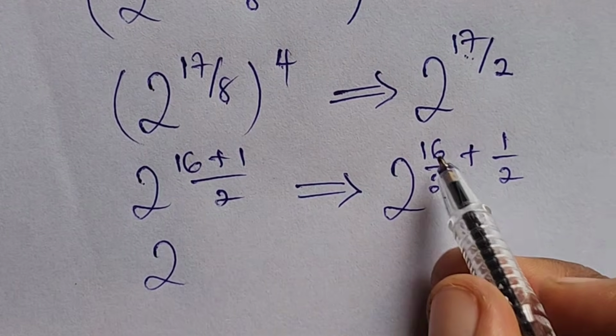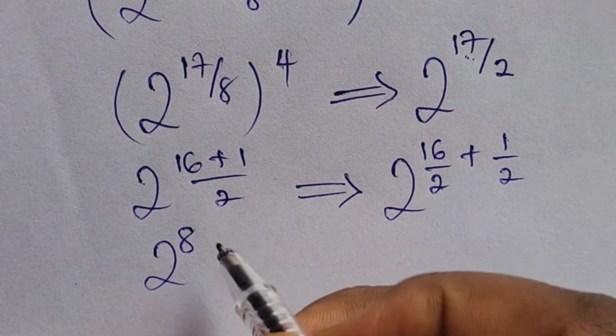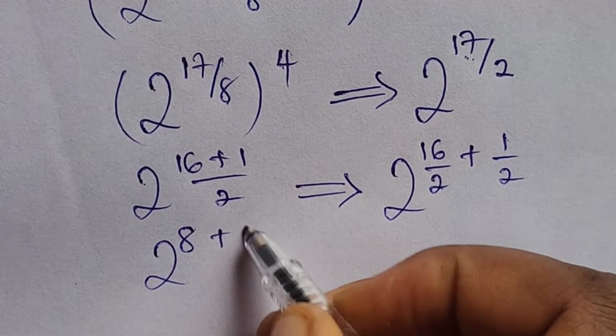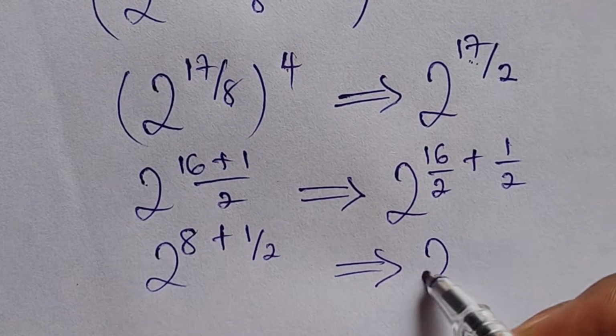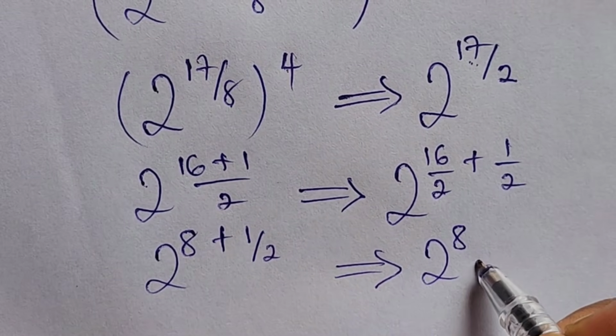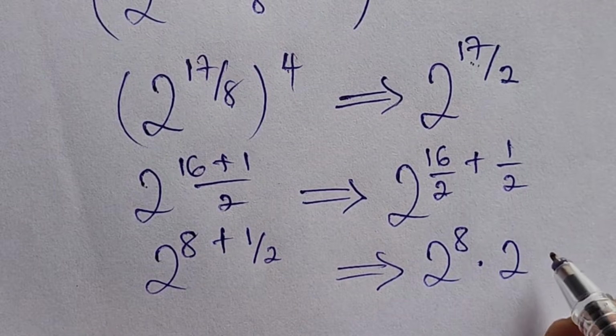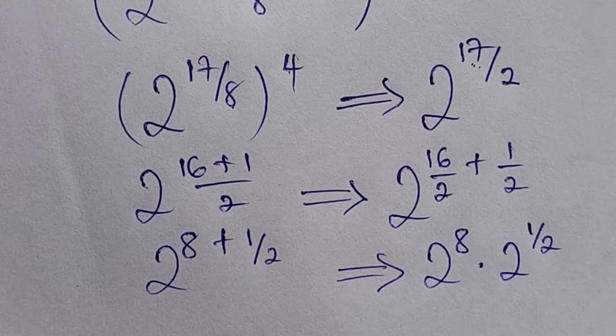So we have 2 to the power of 16 over 2 is 8, and we have plus 1 over 2. So this implies that we have 2 to the power of 8 times 2 to the power of 1 over 2.